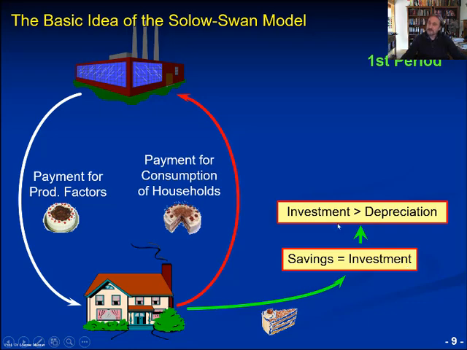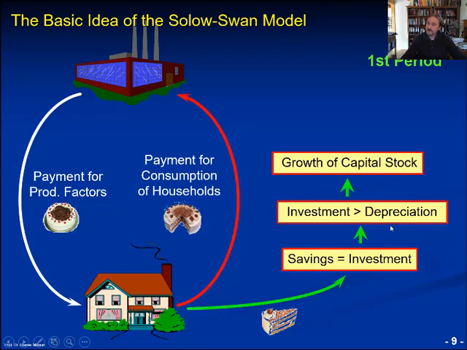Now, if investment in machines, other types of capital equipment, production facilities, buildings, and so on, is larger than the depreciation of capital, the erosion of capital in the production process, then the capital stock does grow, symbolized here by this additional treasure.